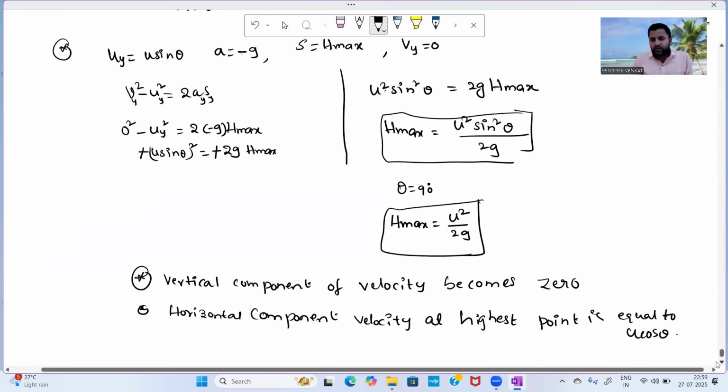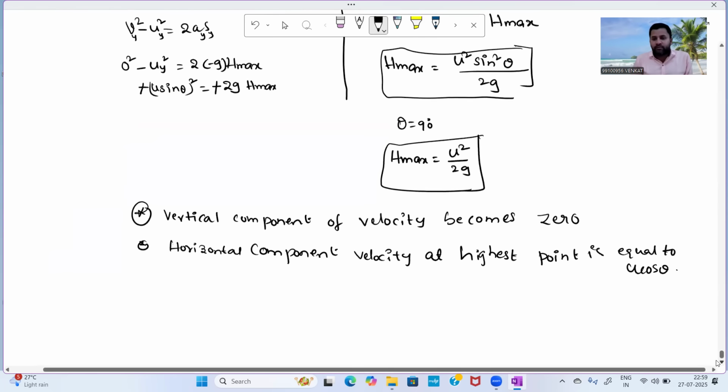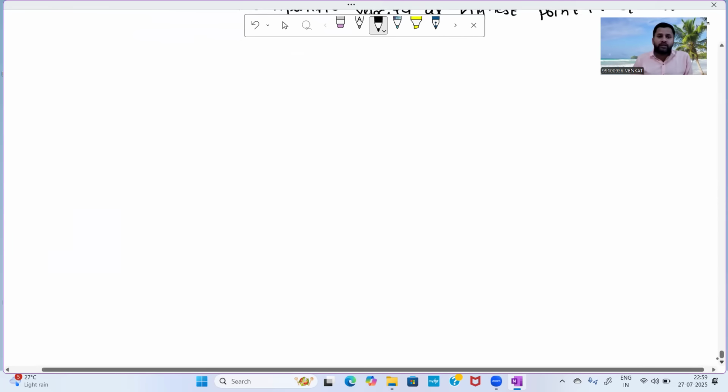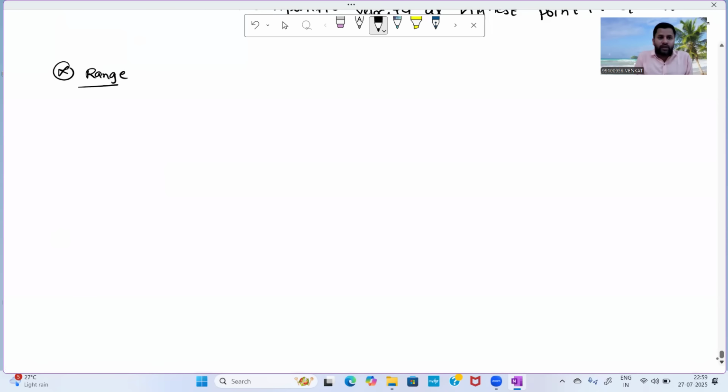Next, one more parameter, that is the range. Range means what? The greatest horizontal distance.